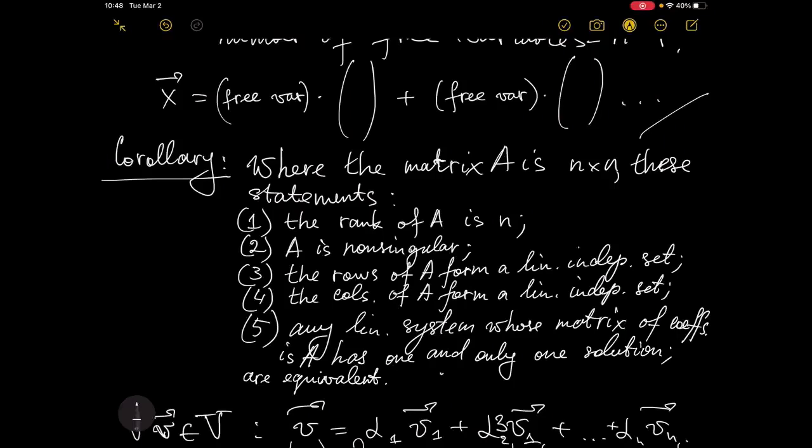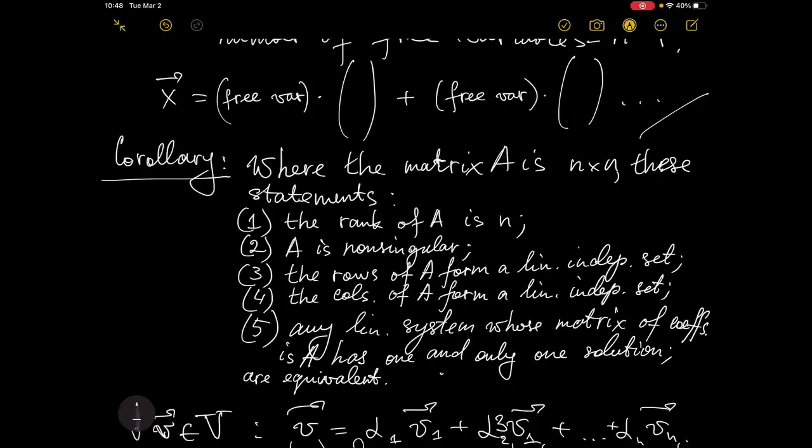So it means that in the reduced row echelon form, it will be nothing else but the identity matrix, just with ones on the diagonal. A is non-singular. Obviously, if you have no free variables, right? If you have n leading ones, A is non-singular.